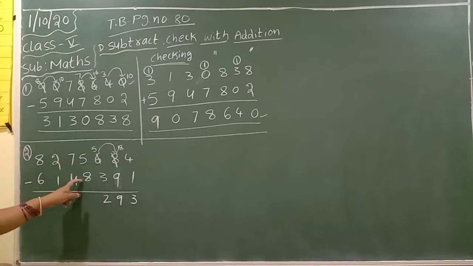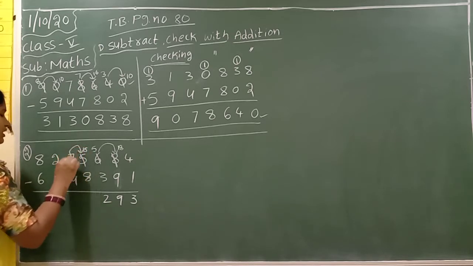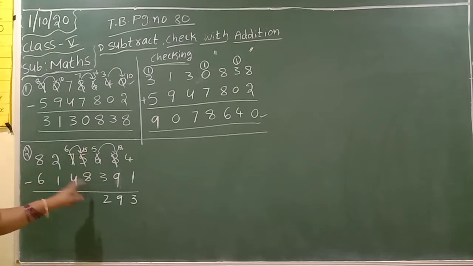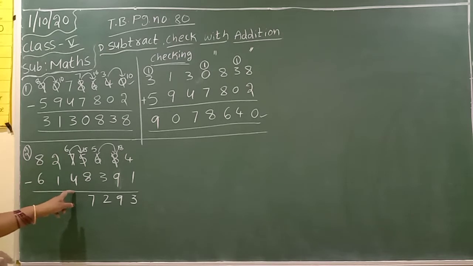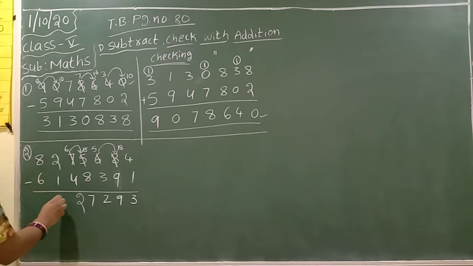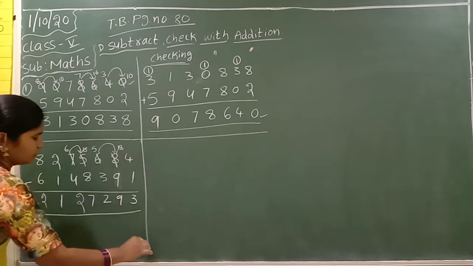Again 5 minus 8, is it possible? No, again take a borrow, it becomes 15, and this one becomes 6. 15 minus 8, how much? 7. 6 minus 4, 2. 2 minus 1, 1. 8 minus 6, 2. Did you get this answer?